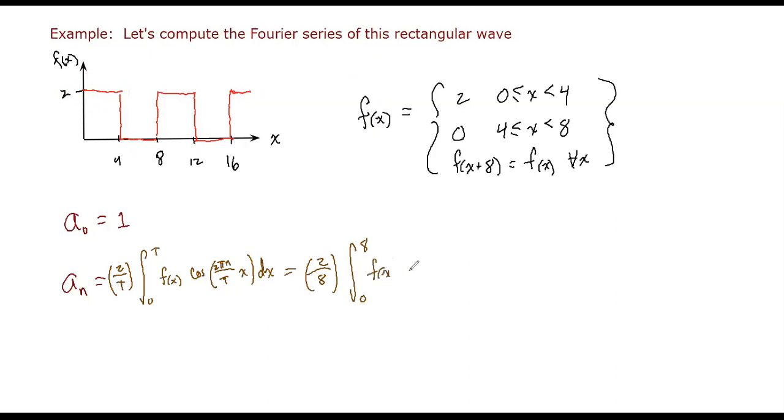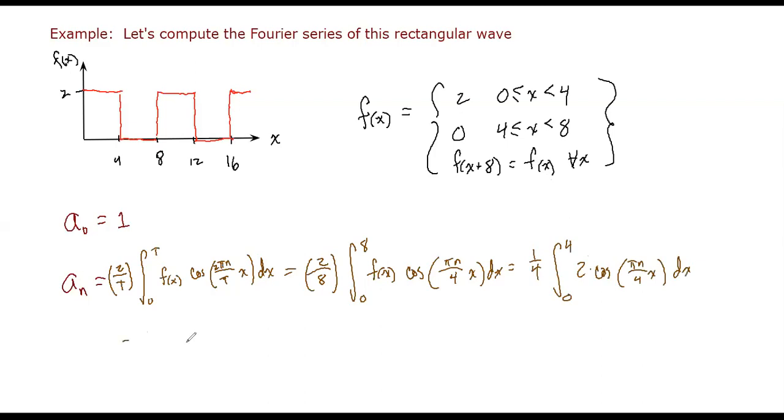So f of x cosine, okay, the 2 and the 8 give me a pi n over 4x dx. And then I now have 1/4, it vanishes, the integrand vanishes from 4 to 8, so I'm just left 0 to 4. 2 times cosine pi n over 4x dx.